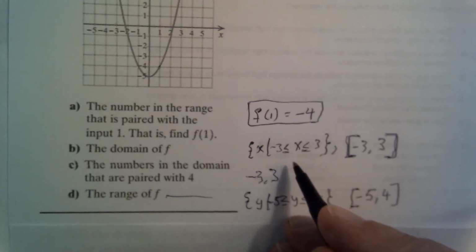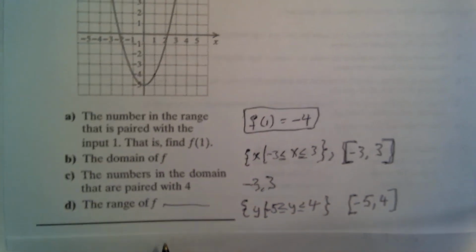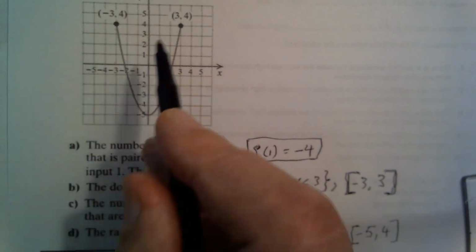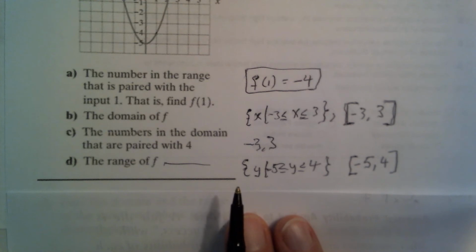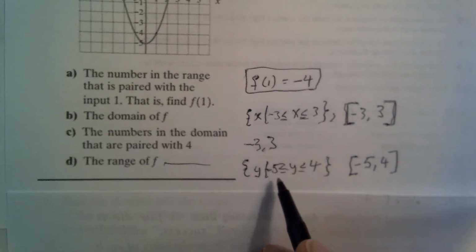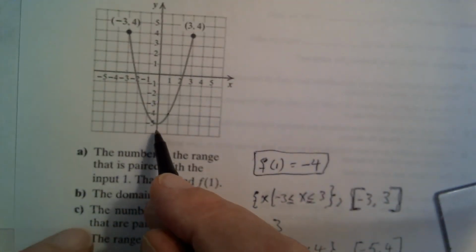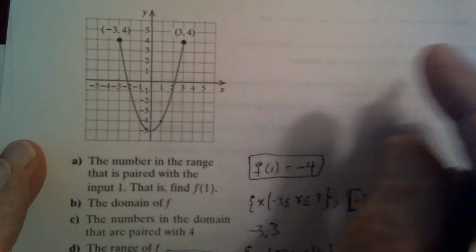The numbers in the domain that are paired with 4. If you look at that, here there's a minus 3 paired with 4, and there's a plus 3 paired with 4. So the numbers paired with 4 are minus 3 and 3. And then the range of the function is from minus 5 all the way up to 4.